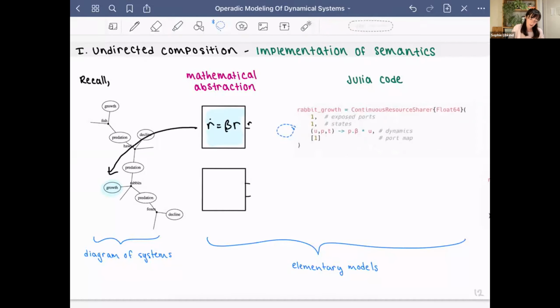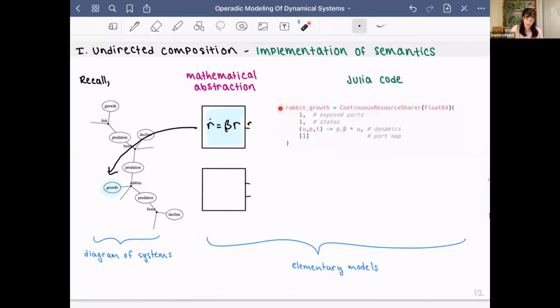Let's take a look at how we implement that in Julia. So we have this rabbit growth model, and we have a struct called a continuous resource share, which captures the data of an elementary model. To define a continuous resource share, we need to give a set of exposed ports, a set of states, some dynamics, and a port map.